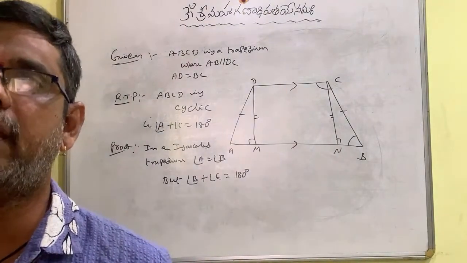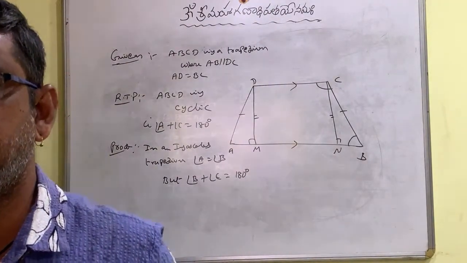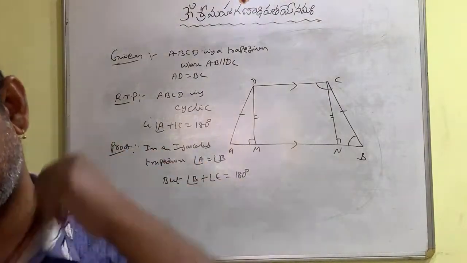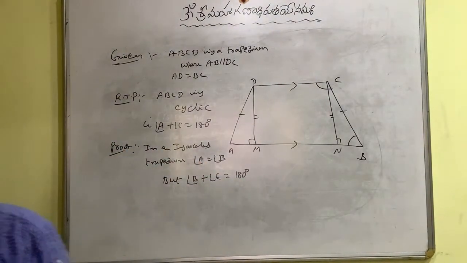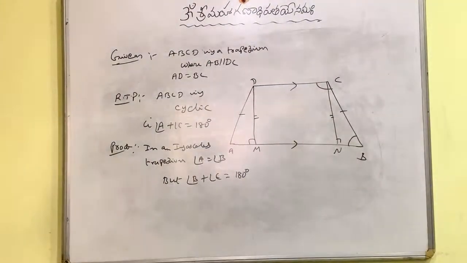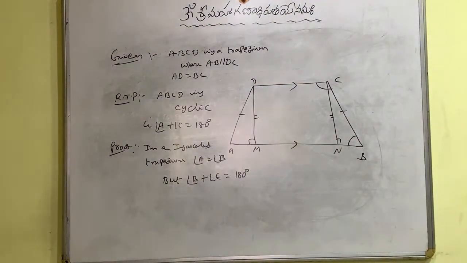Triangle ADM and BCN are congruent. By which congruency? What is the congruency criterion used? SAS. Sumuka, is it SAS? Bhashita also says SAS.